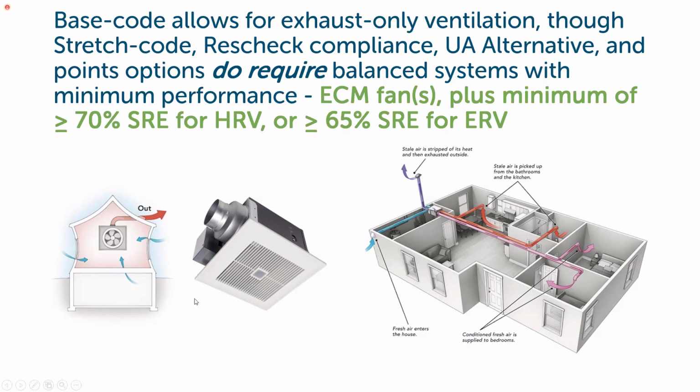Exhaust-only systems suck. That's just their job. They suck air out of the building, and if you have a tight building envelope, there's less air to make up for it for your quote-unquote fresh air, and you're getting that fresh air through wherever air can be drawn from.